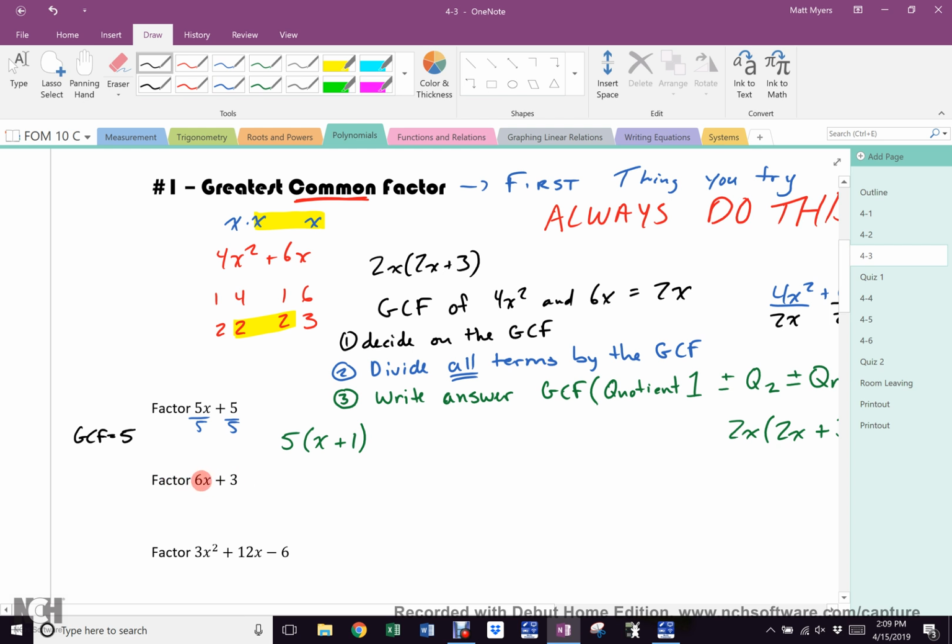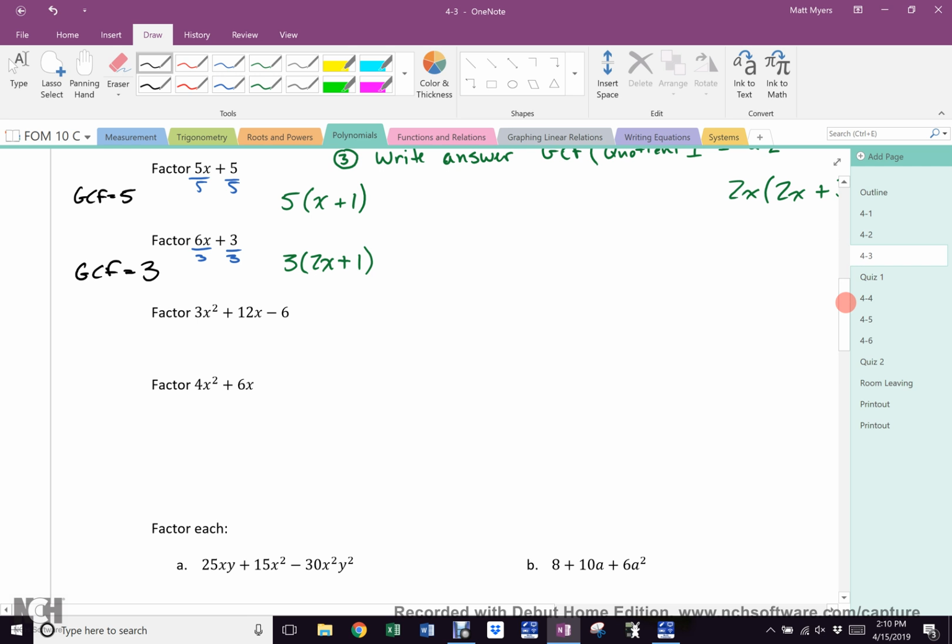What's my GCF here? GCF equals 3. Step 2, divide by the GCF. Step 3, write it out. 3. What is the first answer? 2x plus, what is the second answer? 1. Number 3. What's my GCF? 3. Decide on it.